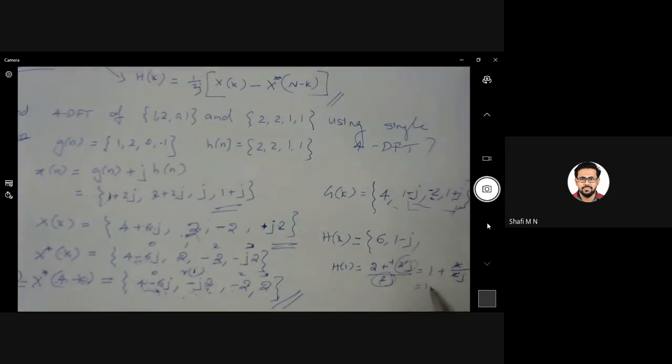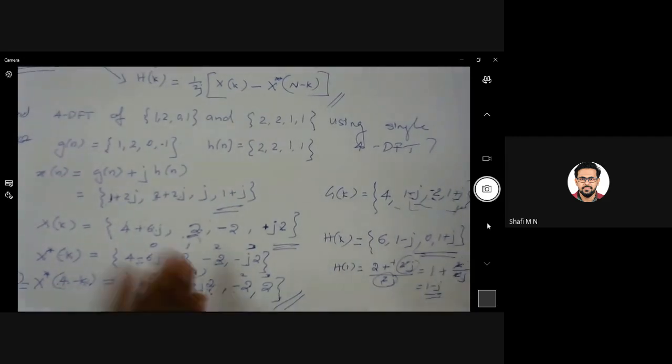So this will be 1 minus j. J square will become minus 1. That's why it's 1 minus j. Right? So similarly, find the remaining terms. This will be 0 and this will be 1 plus j. And that's your final answer.